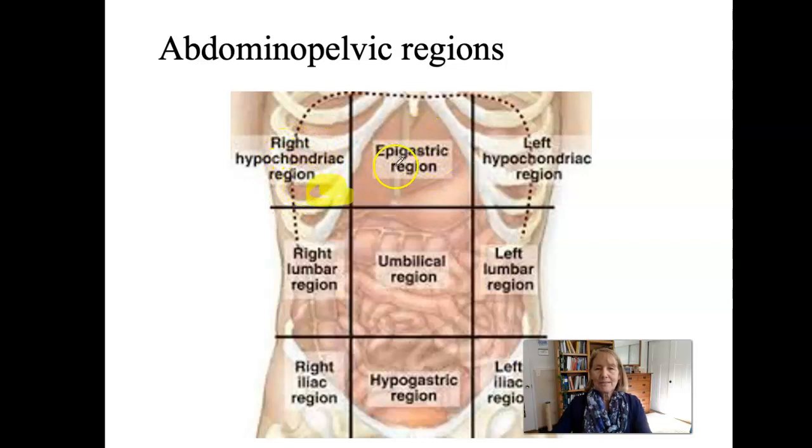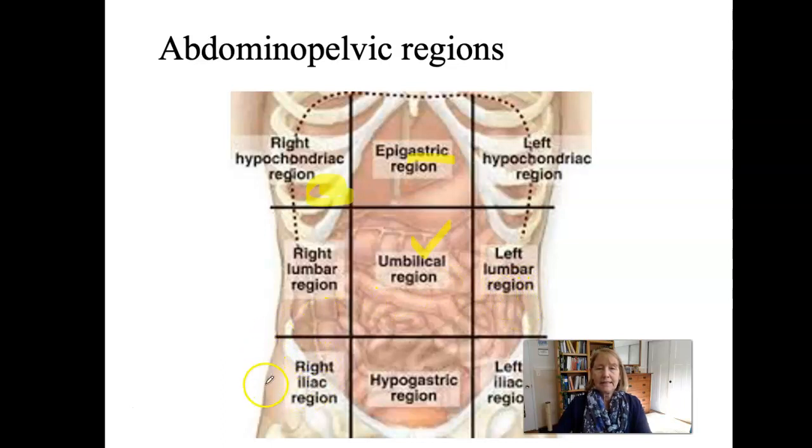So epigastric, gastric, stomach, around the stomach. Left under the ribs, left hypo, under chondriac. Umbilical, we got that one, as close to the navel. Right lumbar and left lumbar, lower back.